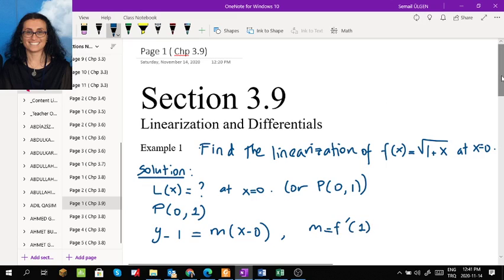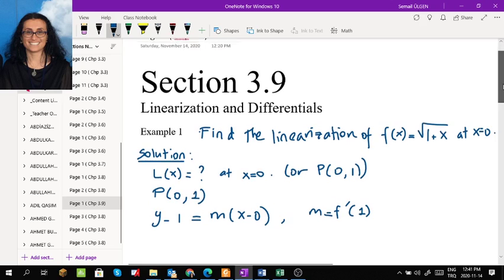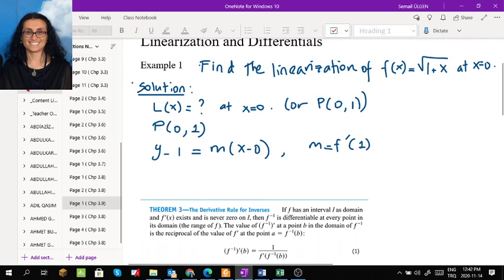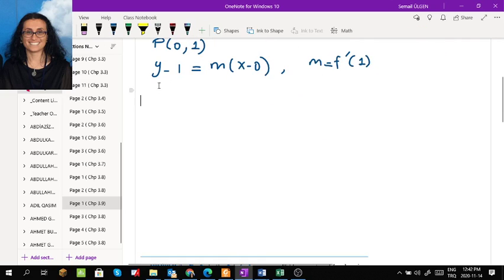What's the derivative then? Let's calculate the derivative here. f of x is equal to 1 plus x to the 1 over 2. And then we use the power and chain rule.